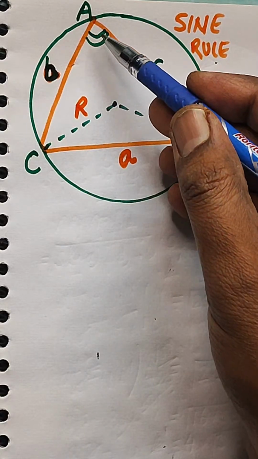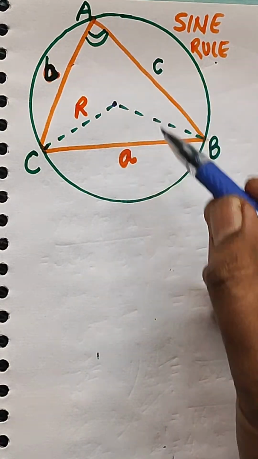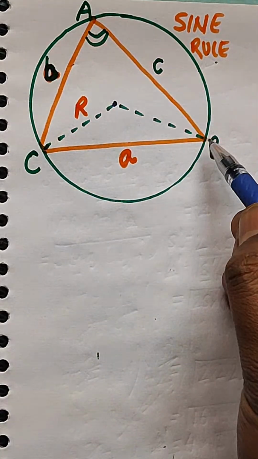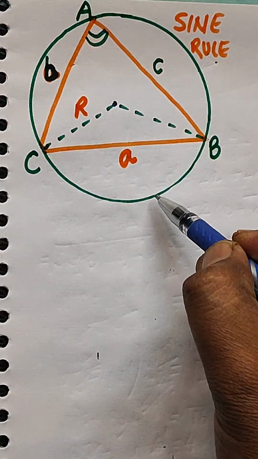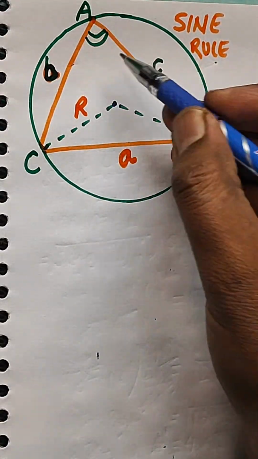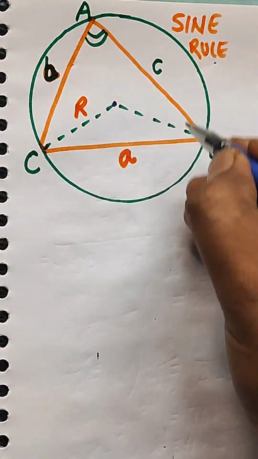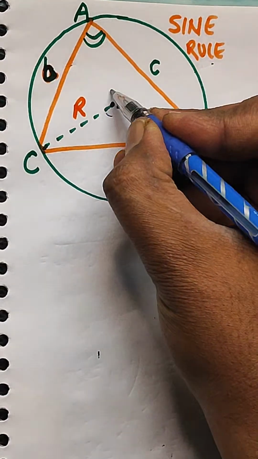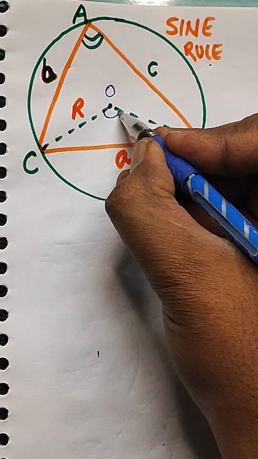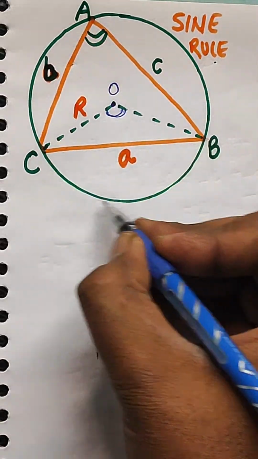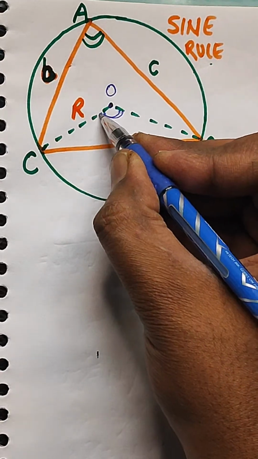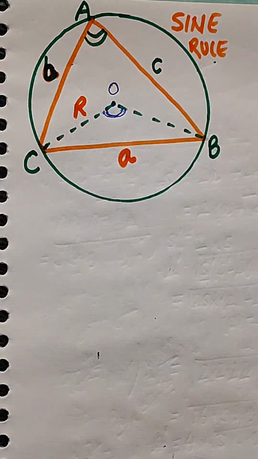If the angle over here is A, the angle subtended by the arc BC on the remaining part of the circle is A. If this is center O, what will the angle subtended by the arc BC at center O be?